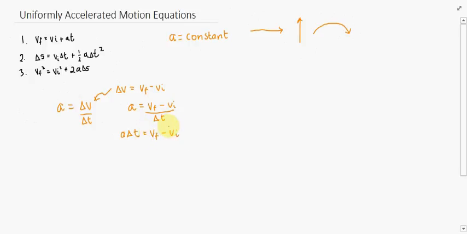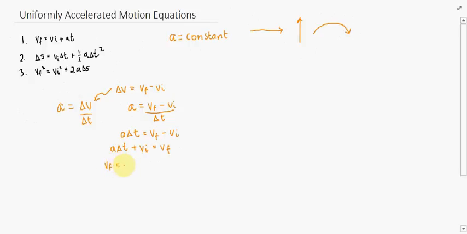Then all I'll do is move this initial velocity over to that side, and I'll get acceleration times the change in time plus the initial velocity is equal to the final velocity. If I rewrite this to look like that first equation, it's just a matter of shifting things around.